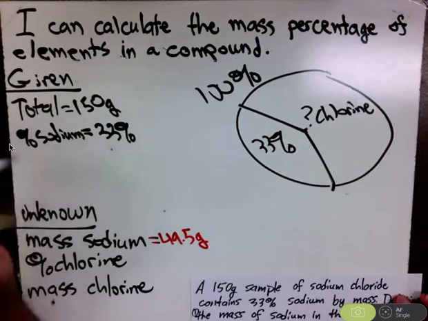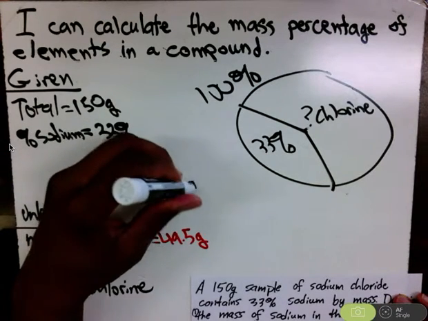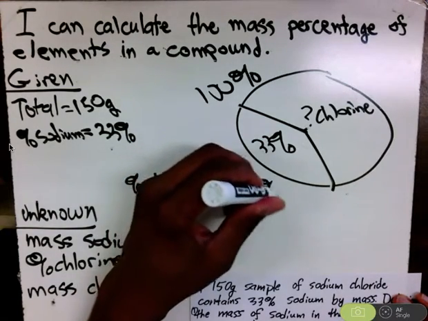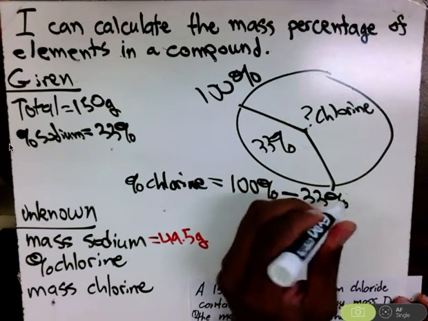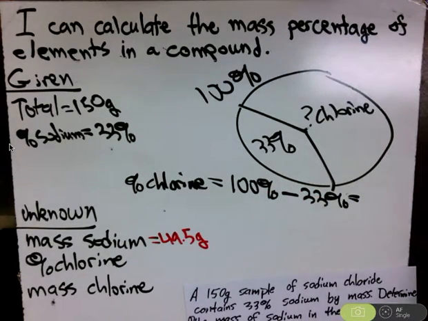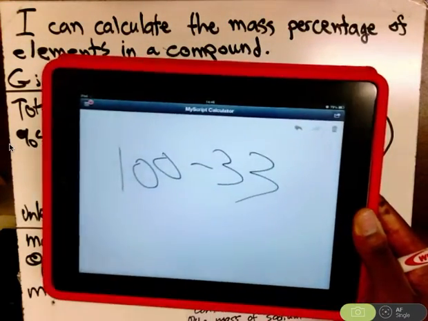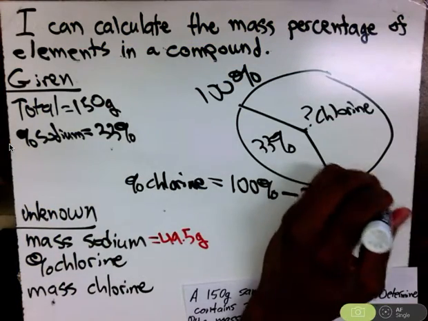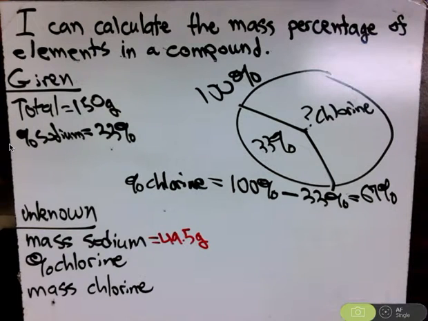So my percent of chlorine is equal to 100% minus 33%, which is equal to 67%. So my percent of chlorine is 67% chlorine.